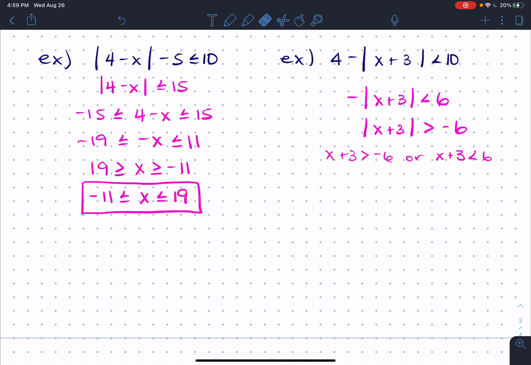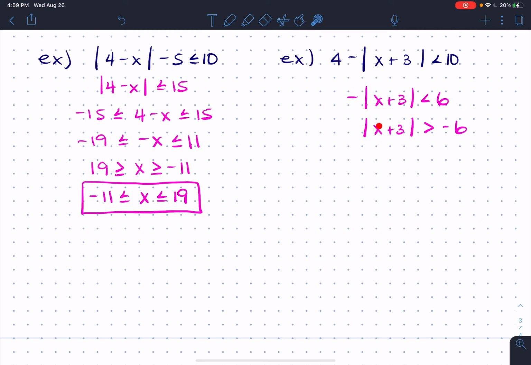Let's see. Look back here. Think about this for a second. You can stop right here. It's a negative. The absolute value is either going to be 0 or positive.